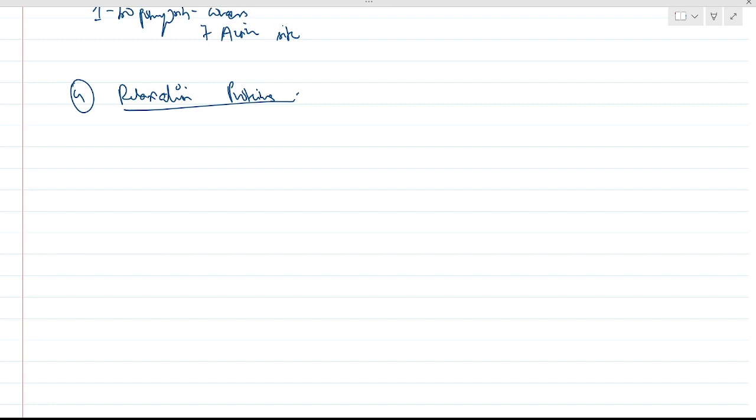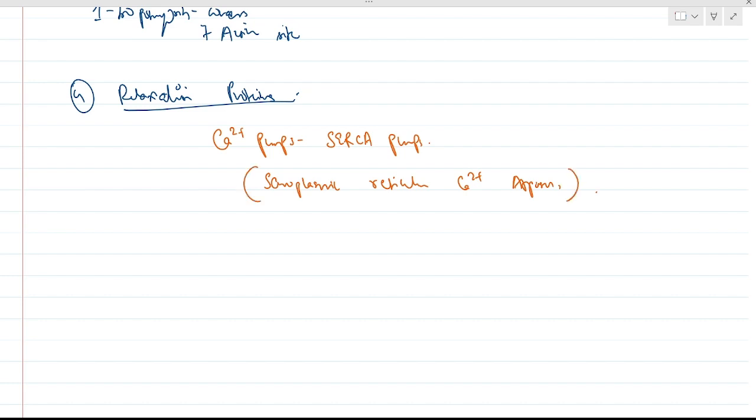Among these relaxation proteins, we have calcium pumps called SERCA pumps. SERCA stands for sarcoplasmic reticulum calcium ATPases. Very important pump. How it's important, we will see in further phases. So this is one of the relaxation proteins, the SERCA pumps.